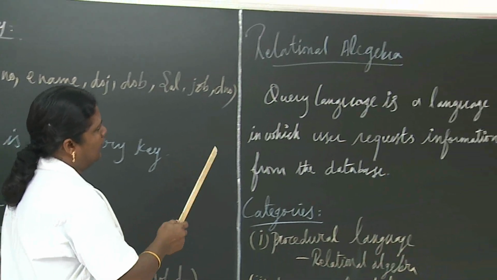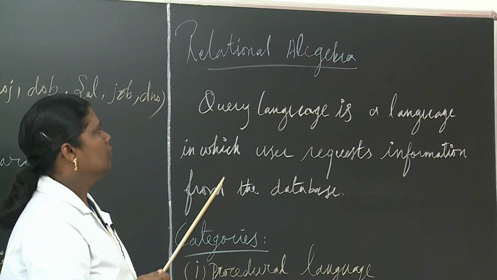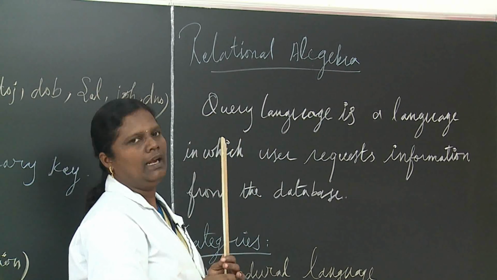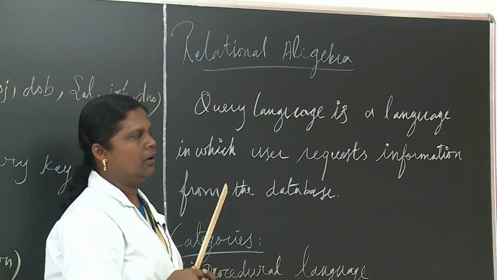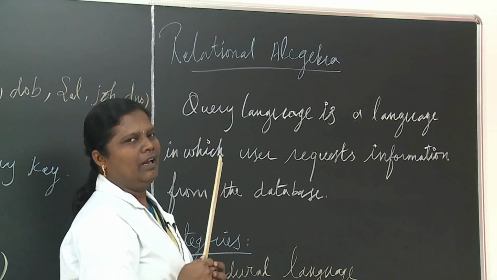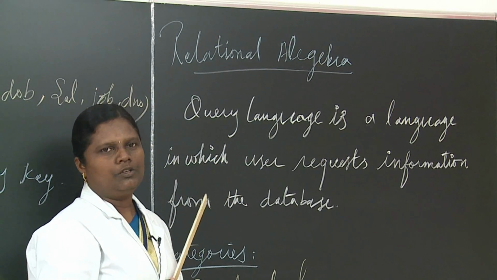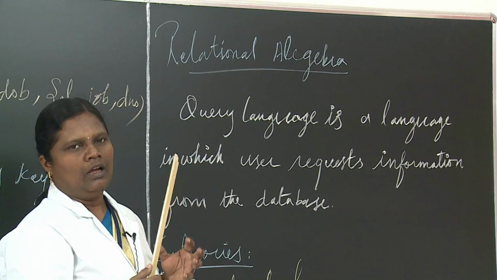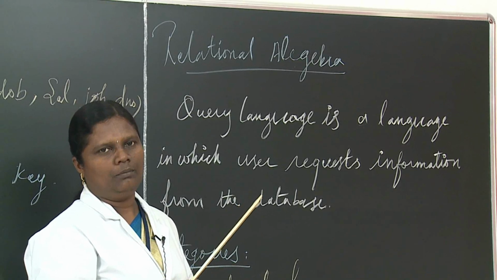The next one is relational algebra. Here, more query languages are involved. Query language, in the sense, we have the database relation, which includes n number of data. Even though we have a high volume of data, in a particular situation we require only a tiny portion of the database details.